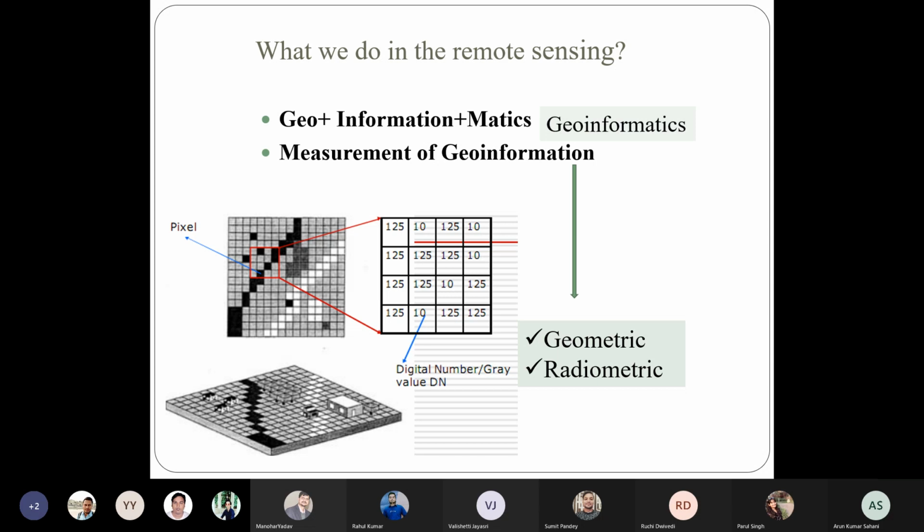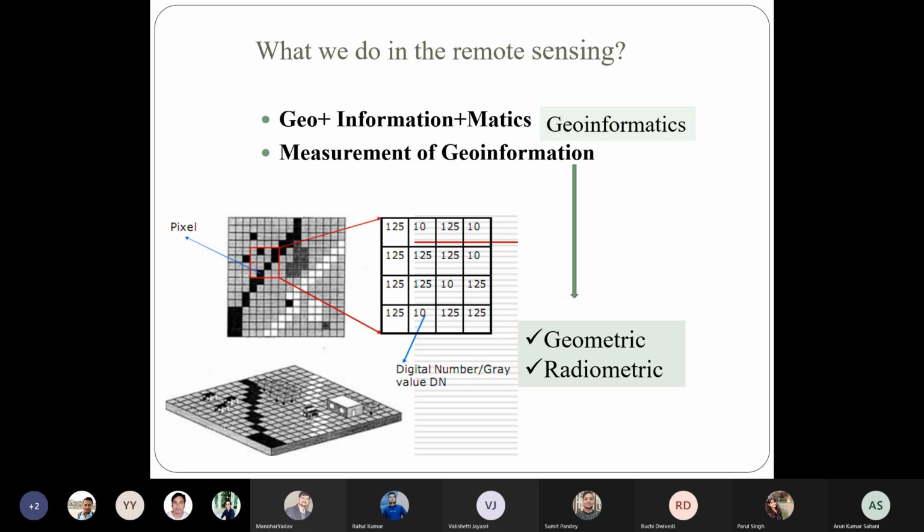You can do this experiment: take a photograph and zoom in. After a certain level, your image will be pixelated. You can see square blocks with a specific color, and each block is painted with a unique color.